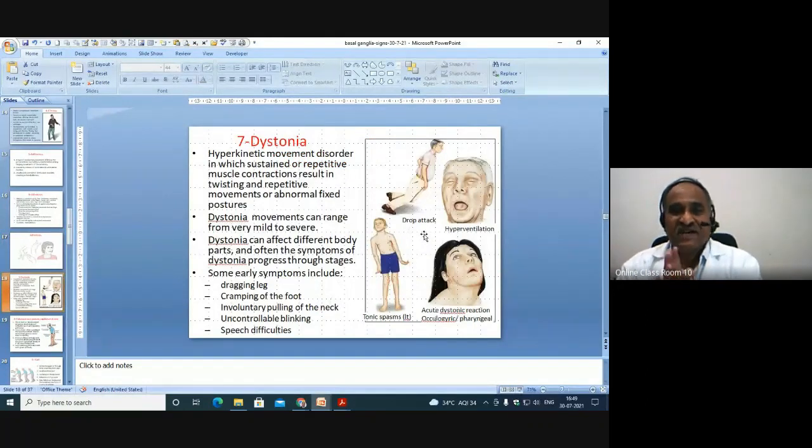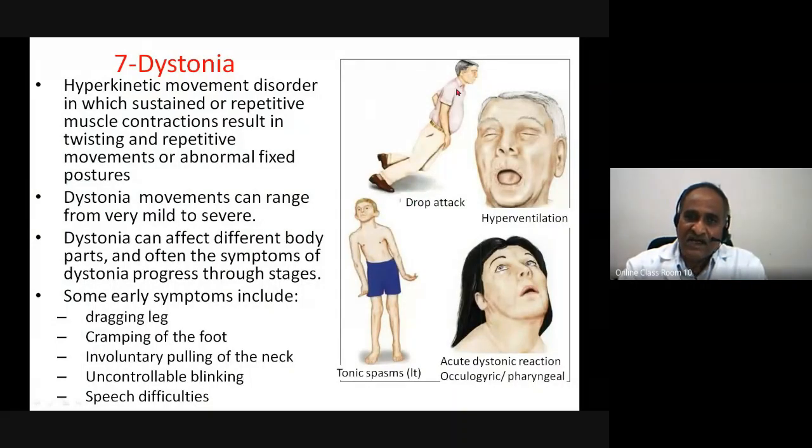Then dystonia. Dystonia is a hyperkinetic movement disorder in which sustained and repetitive muscle contractions result in twisting and repetitive movements or abnormal fixed posture. You just see this individual. Here is the drop attack in this boy, wherein suddenly all muscles are going into a spasm.